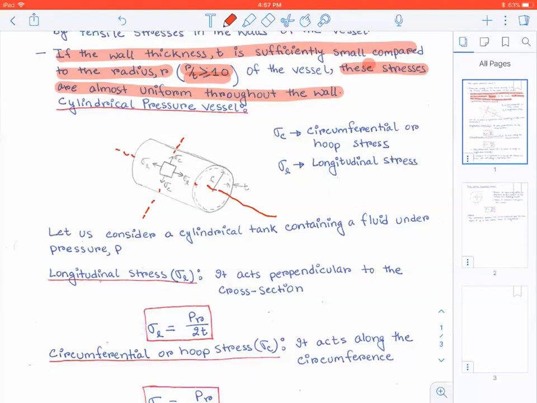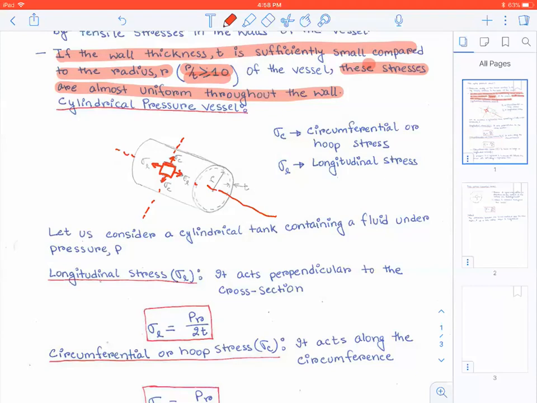So if you take a small element from the surface of your pressure vessel, you will see that you have the longitudinal stresses, which are normal stresses acting along the longitudinal direction, and the hoop stress acting along the circumferential direction.